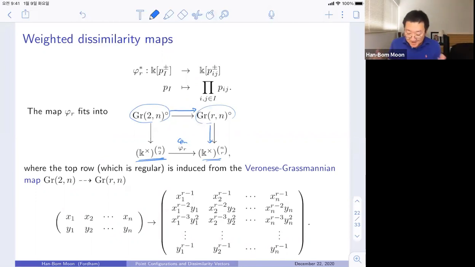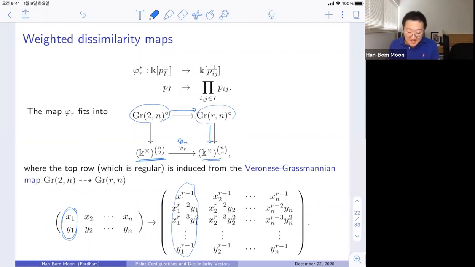Moreover, the map is induced from this very natural Veronese Grassmannian map from G(2,n) to G(R,n). You can see the way to describe the map. We can describe the Grassmannian by using a 2 by n matrix. Take one column vector and take the Veronese embedding of this two-dimensional vector into an R-dimensional vector space, then perform the same operation column-wise.